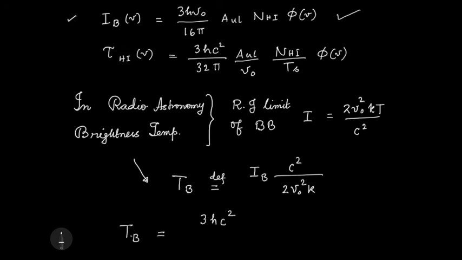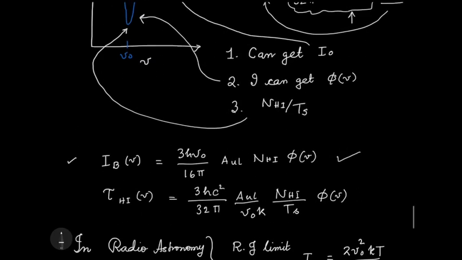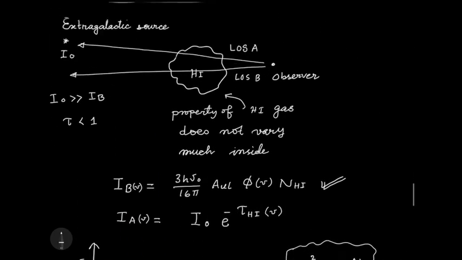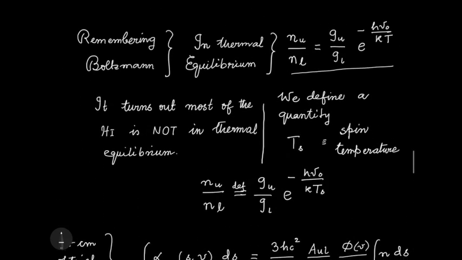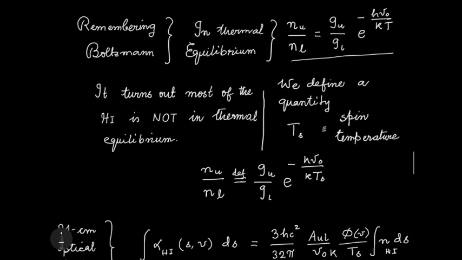So if I do that, I get 3 h, nu naught will go to the denominator, c square will come here. I have 16 pi multiplied by 2, which will be 32 pi. I'm missing a k here. I think that is missed earlier also.